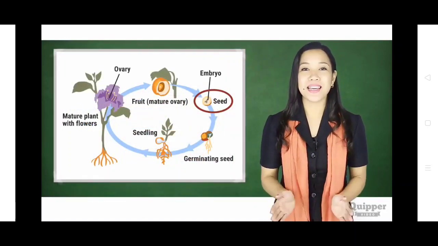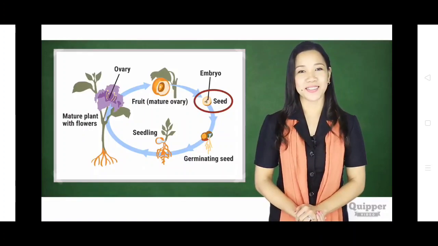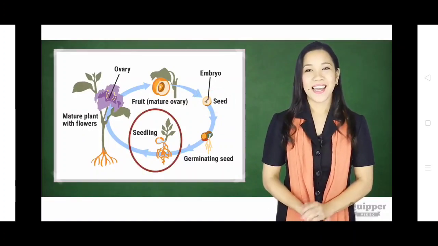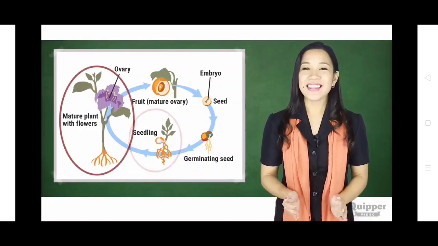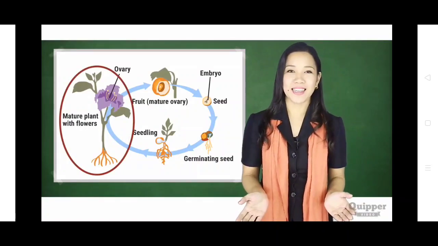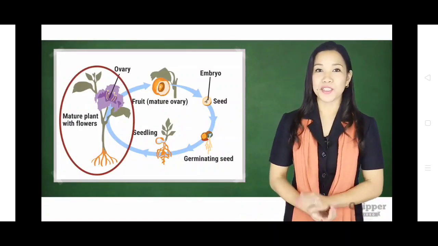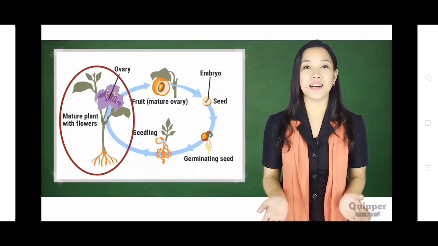The seed is the beginning of the next generation. It grows into a seedling and then into a mature plant. The mature plant then produces flowers that contain the reproductive cells.